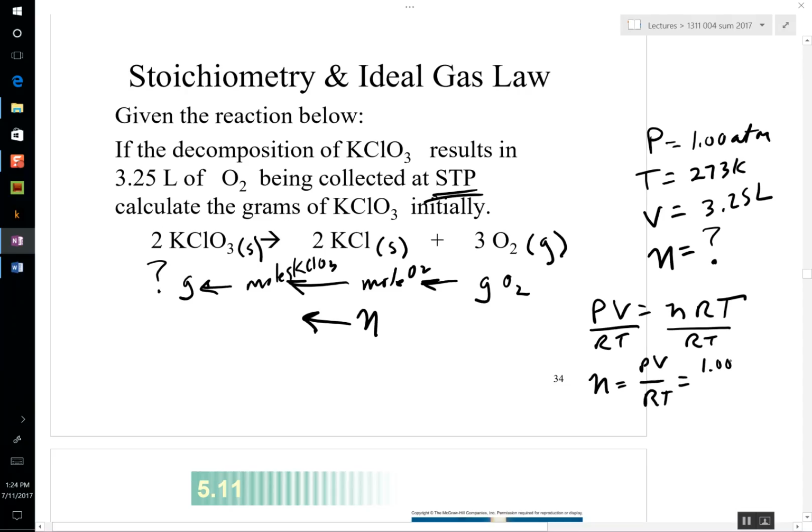P is 1, volume is 3.25. Please forgive me, I'm not going to put the units down right now, but we could. R is 0.0821, and T is 273. Now remember, the moles of oxygen equals this n. That's what n is. n is the moles of oxygen.